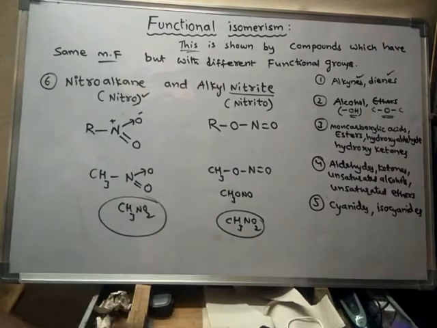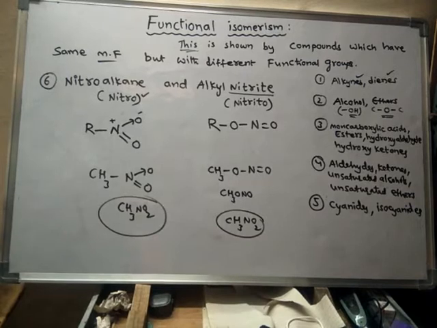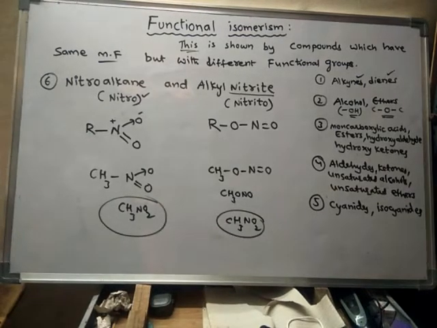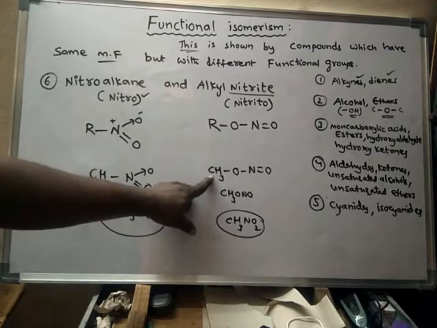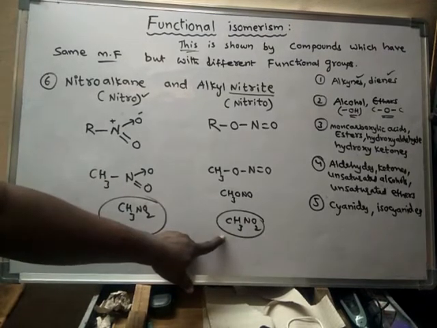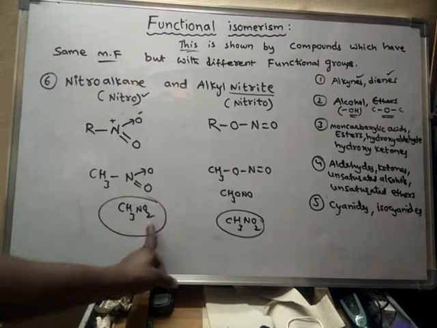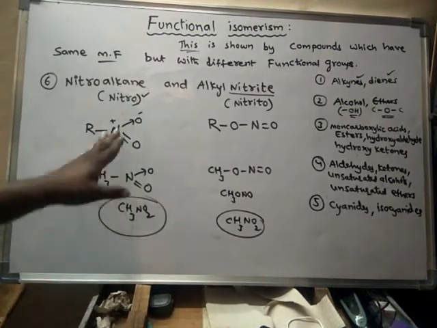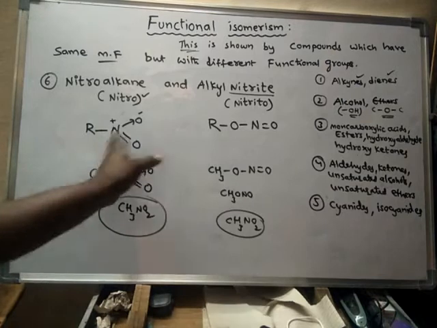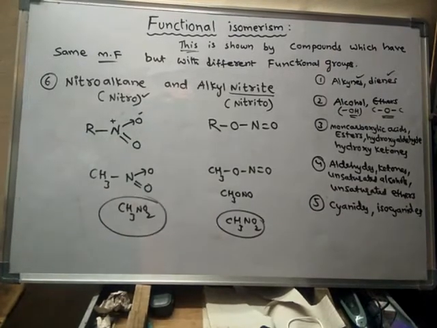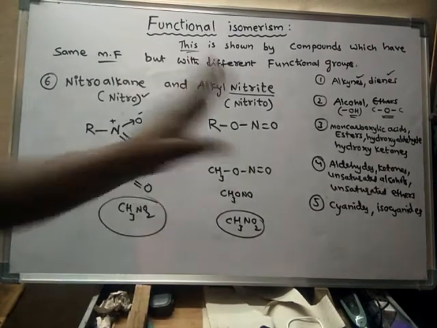The formula which represents the number of atoms of each element in one molecule is said to be the molecular formula. This compound has this molecular formula, and this compound has this molecular formula. The molecular formula of both compounds is the same. That means these two compounds show the same molecular formula but different functional groups.